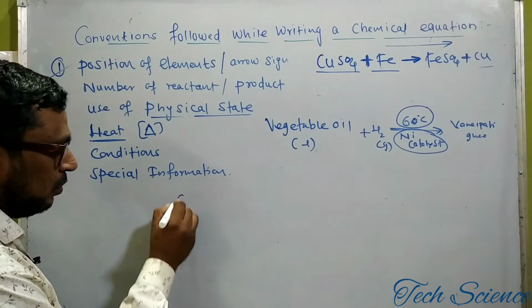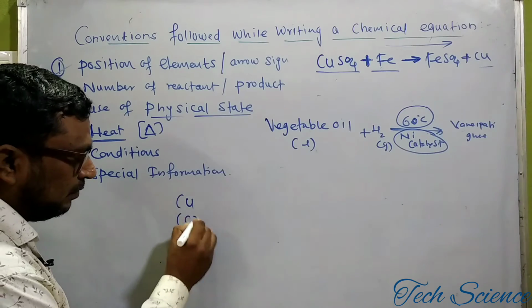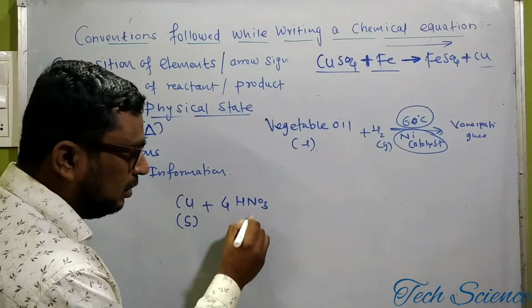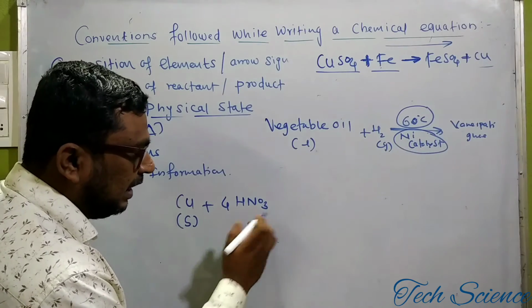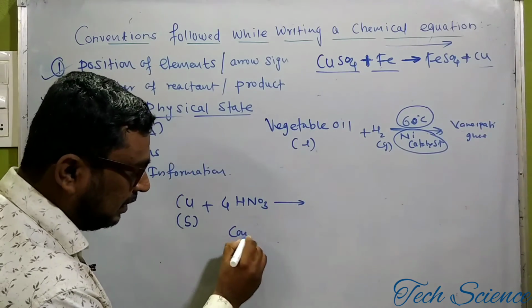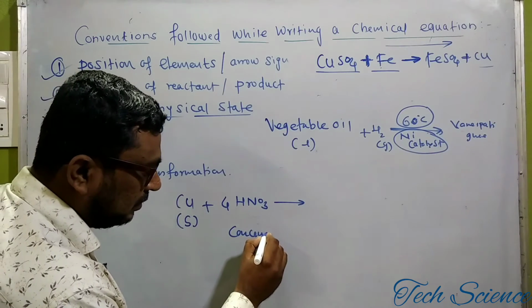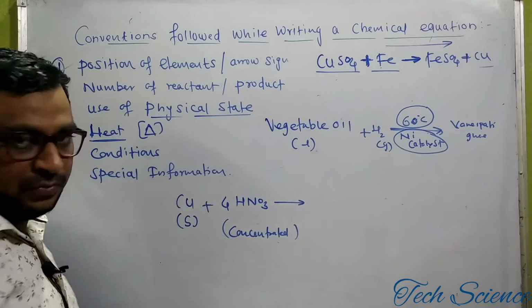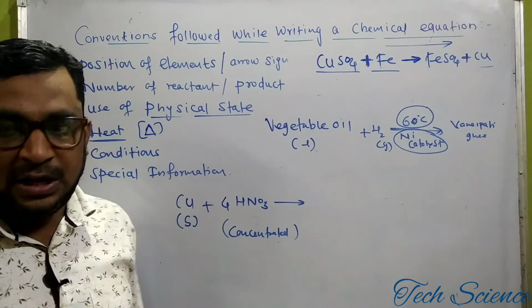For example, copper, which is in solid form, when it reacts with nitric acid HNO3, which is in liquid form, of course, but concentrated. If you write like that, it is more meaningful. So this is called the special information.